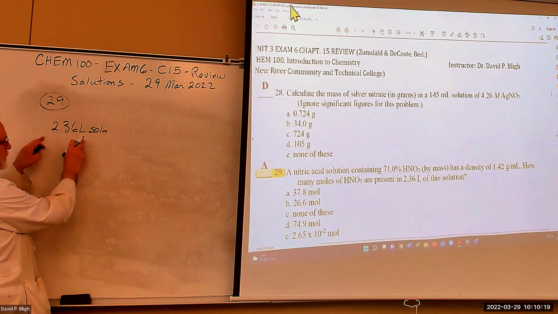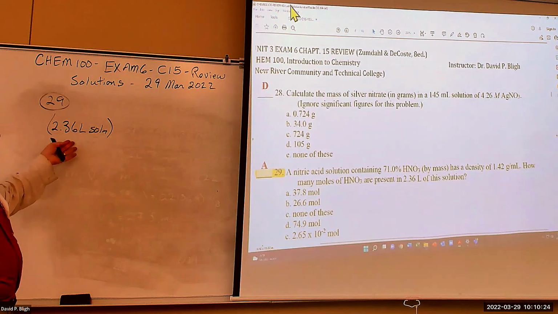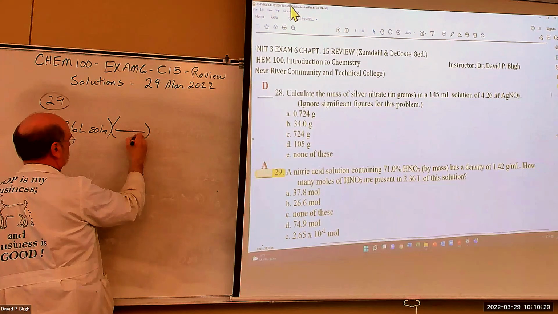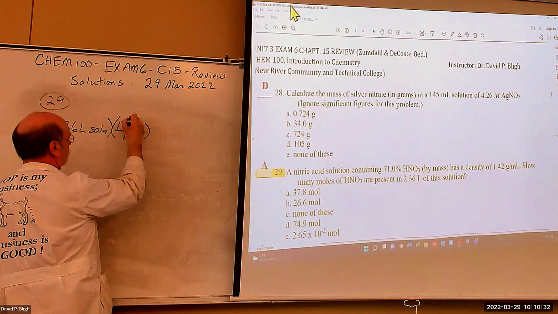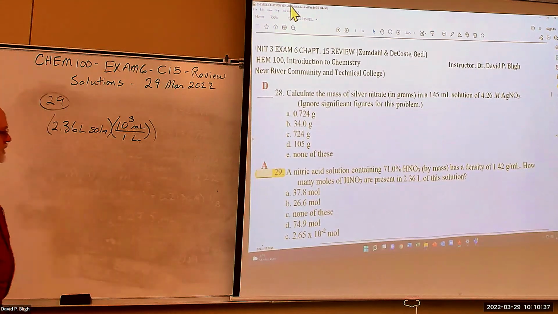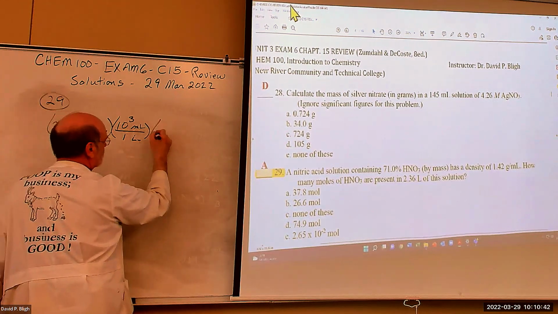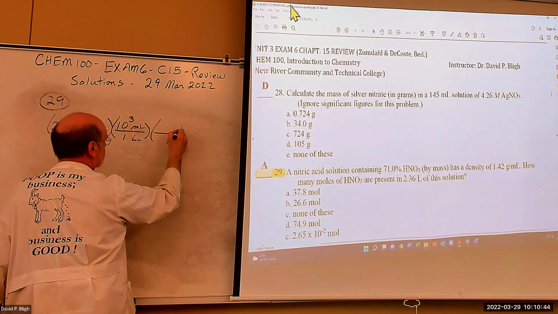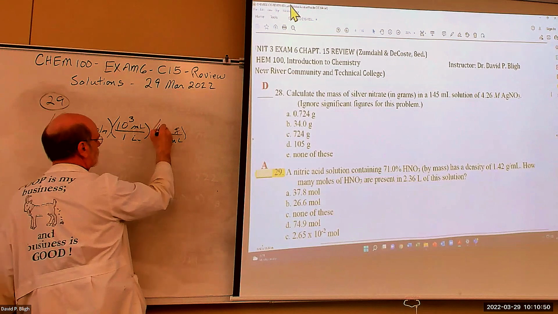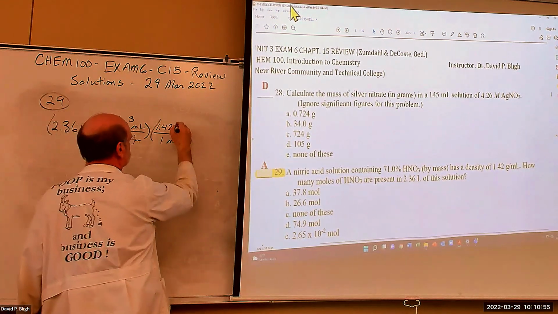So if this is that many liters of solution, in order to use the conversion to mass of solution, we need to convert this to milliliters. There. So that's milliliters of solution. Now, we can convert milliliters of solution to mass of solution with our density, 1.42 grams. That cancels. Now we've got grams of solution.